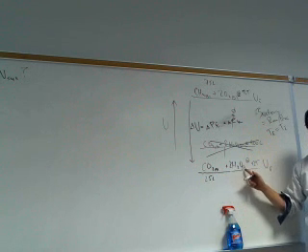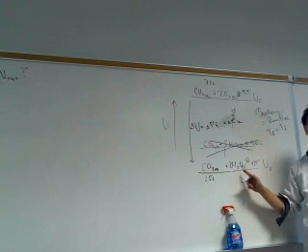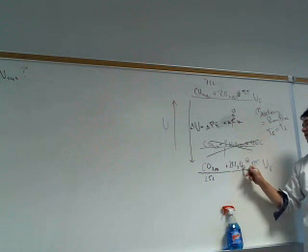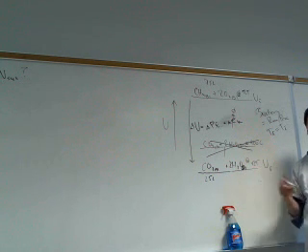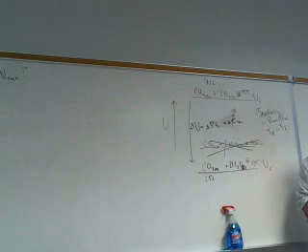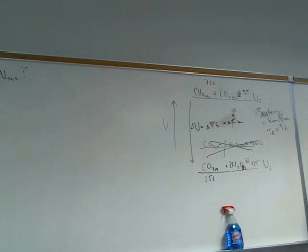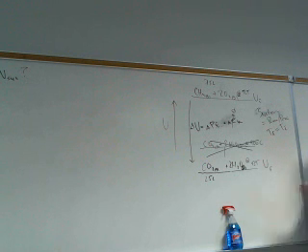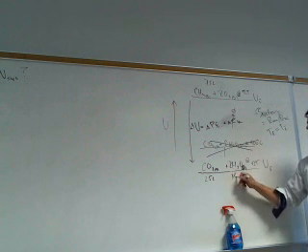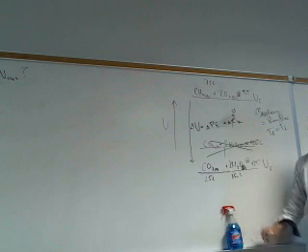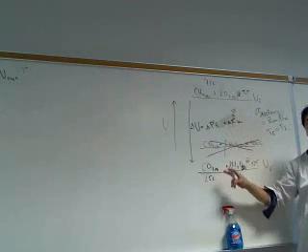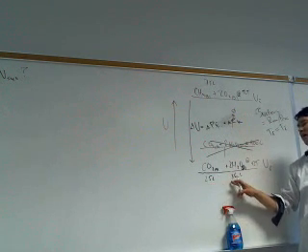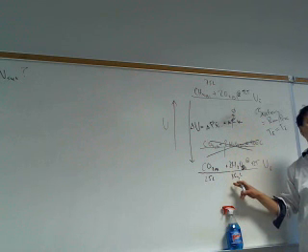2 moles of H2O liquid. H2O liquid. You should be able to do this in your head. How many? 36 milliliters. Good. And so we went from 75 liters to 25.036 liters.